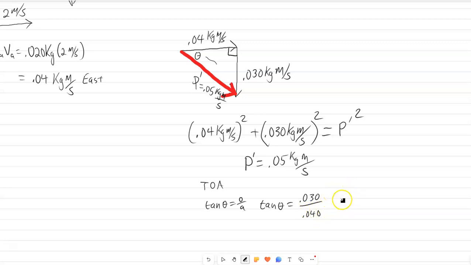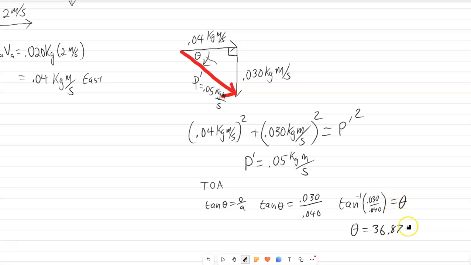And if we take the inverse tangent of this value, that should give us our angle. And theta is, make sure I'm in degrees, that should be 36.87 degrees.